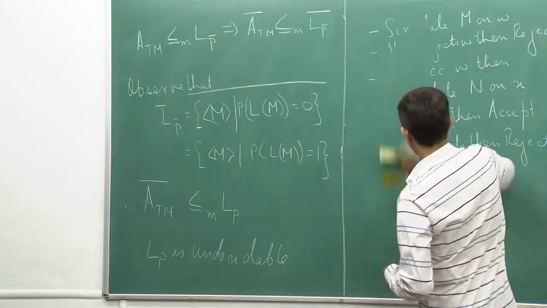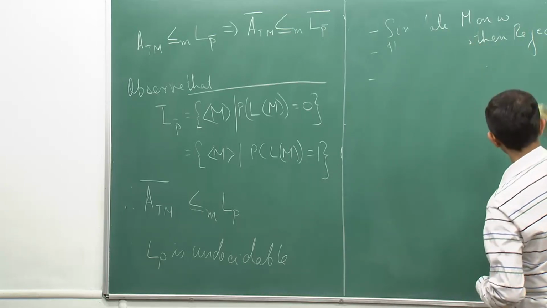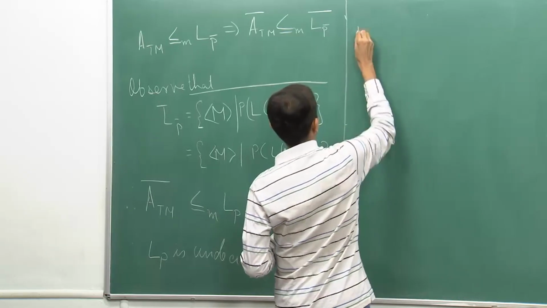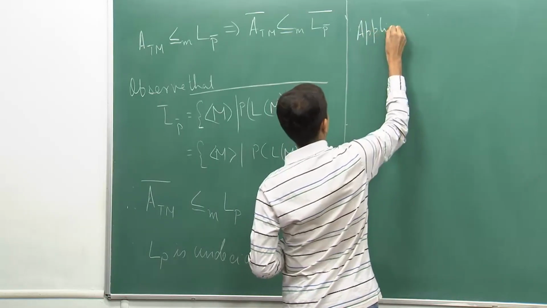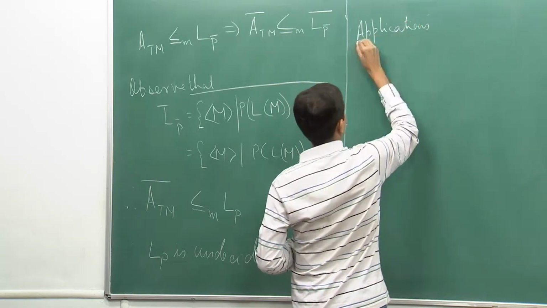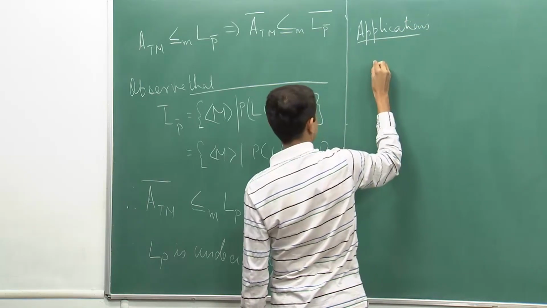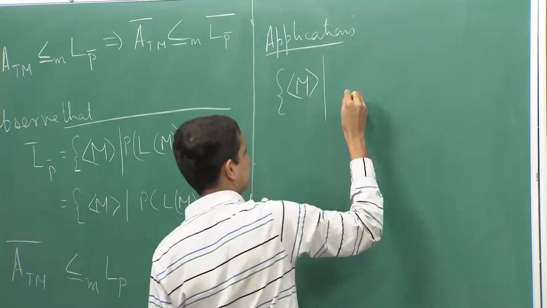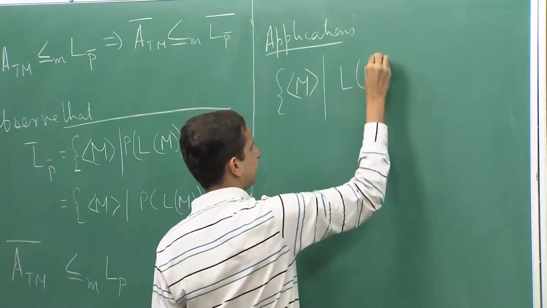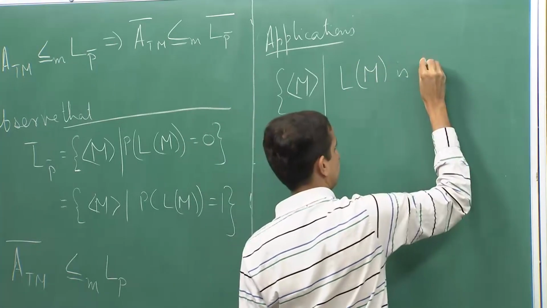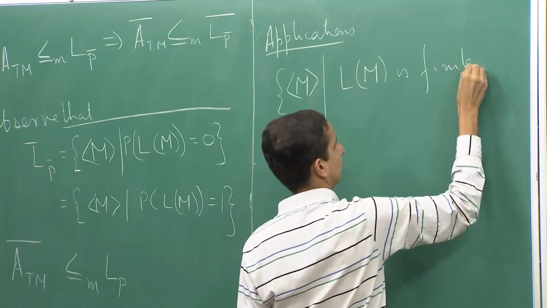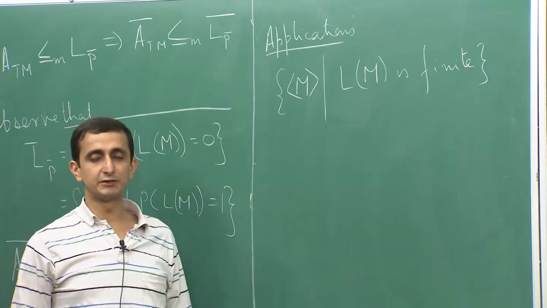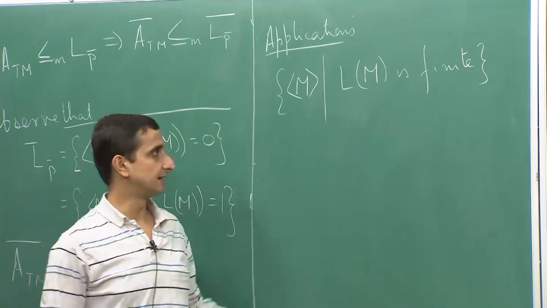So, a few quick applications. For example, if we consider the language of machines M such that L of M is finite. There are machines whose languages are finite, there are machines whose language is not finite. So, this is undecidable.